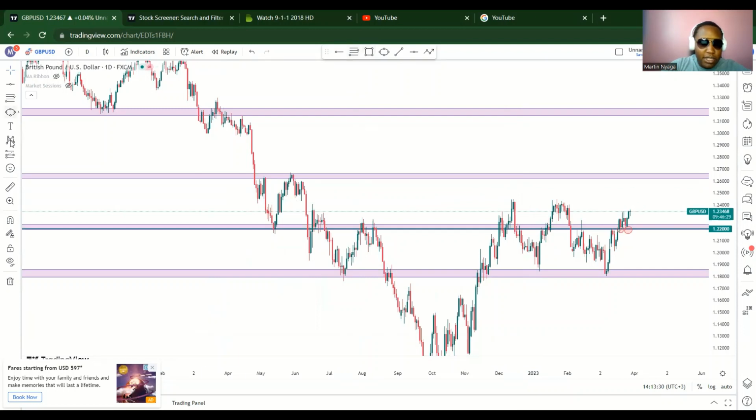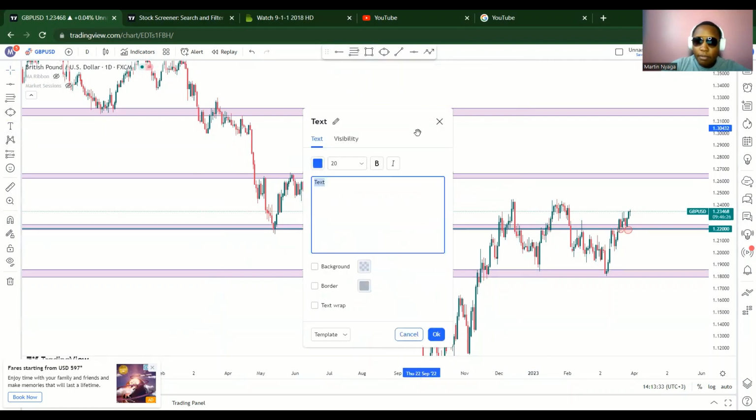Remember, point number 1: change your chart into a line chart to reduce the noise. Number two, use a higher time frame.